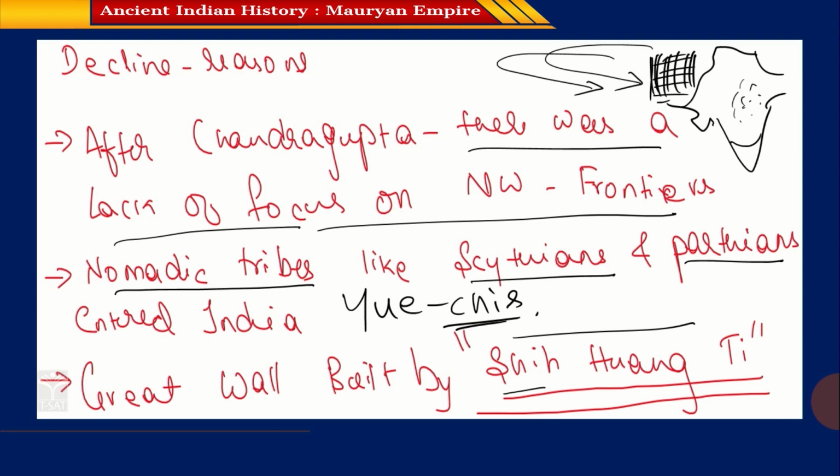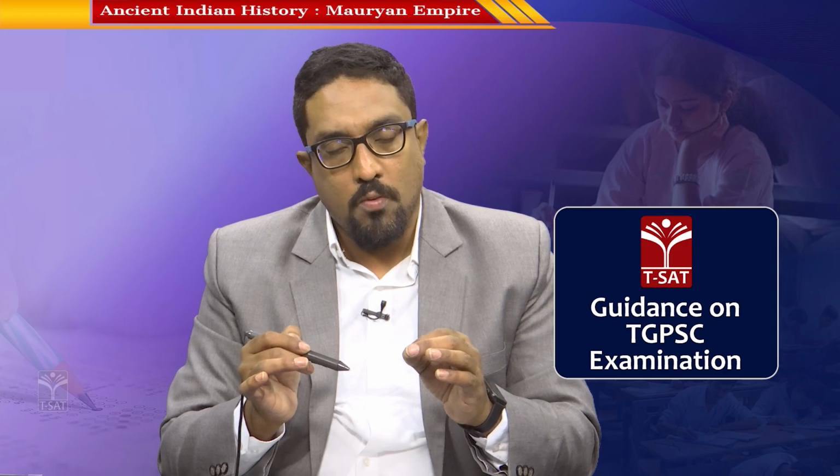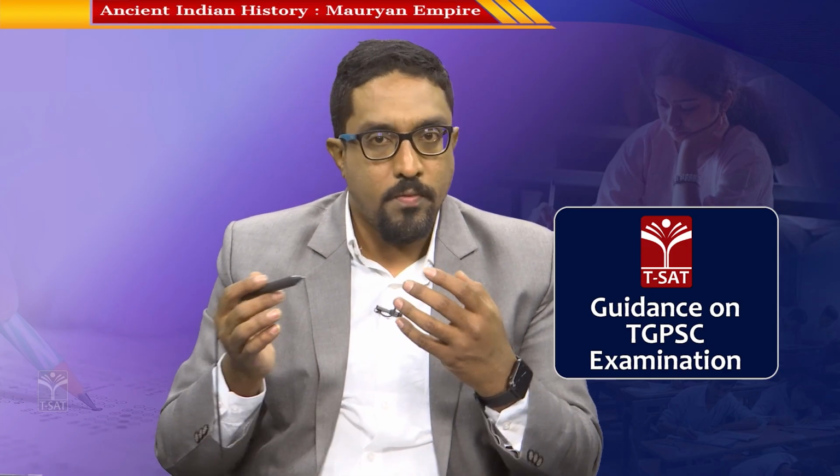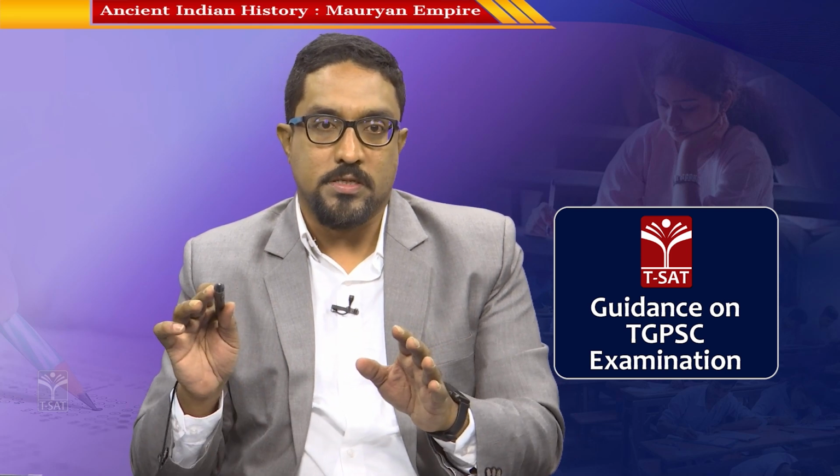Once it was built, these Central Asian nomadic tribes had no other place but to invade India. Given that India was not secure in this place, they easily entered India and invaded us. At the right time, Ashoka was also dead. There was nobody to protect us, and these Central Asian tribes just came and settled in these places.